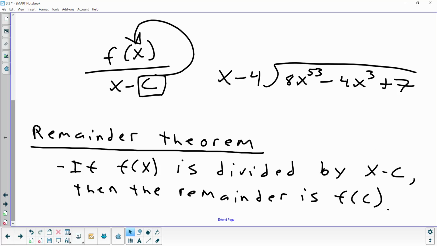You'd have to fill in zeros for every term from the 52nd power down to the 4th power. So you have to fill in all those zeros, and then also 0x squared and 0x. And then you'd have to do it all out. You're not going to be able to do a problem out that has 53 columns in it. You're not going to finish. So the quick way here is to use the remainder theorem. You're going to get a pretty big answer, but all you have to do is fill in 4 for x, and you're done.